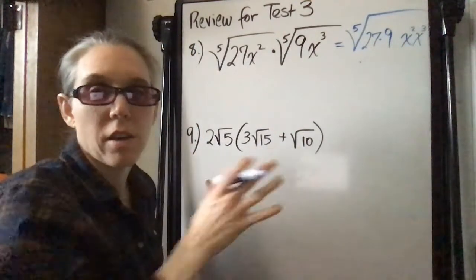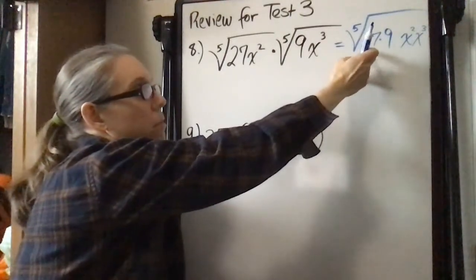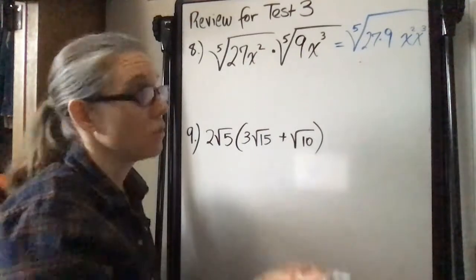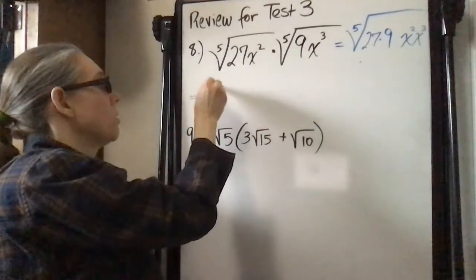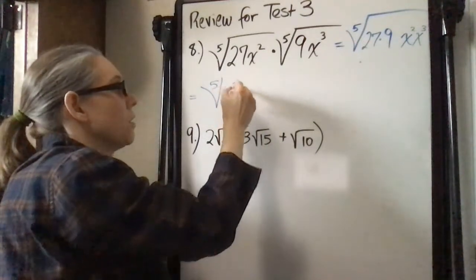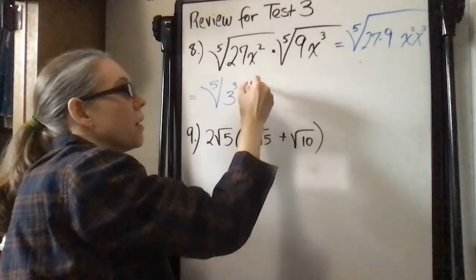So you can go ahead and combine those together, but one thing I notice here is that both 27 and 9 are both powers of 3. So it may be useful to rewrite 27 as 3 cubed and to rewrite 9 as 3 squared.